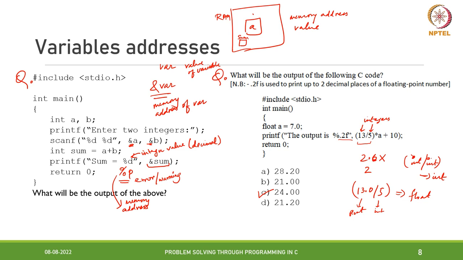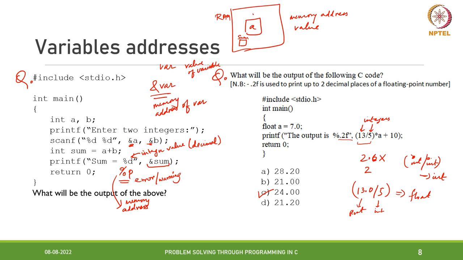Yes, I think you should get that. Let me think. 13 by 5, yes, I think you should get that. Hmm, that is a good question. Maybe try this and find out, because according to the precedence that we talked about earlier, and the associativity, the operation will start from left to right.